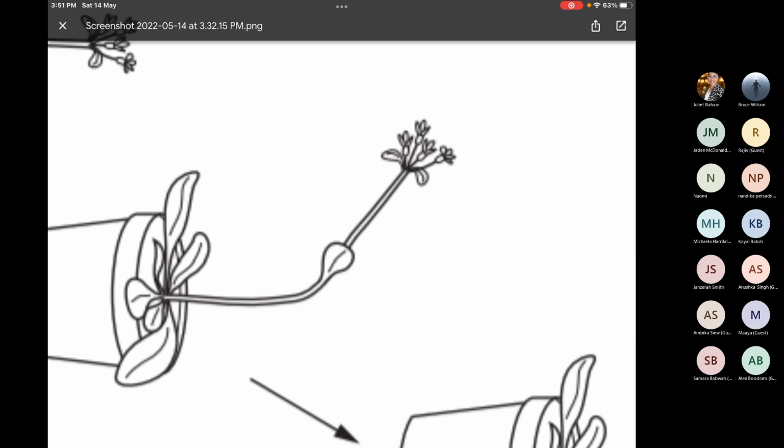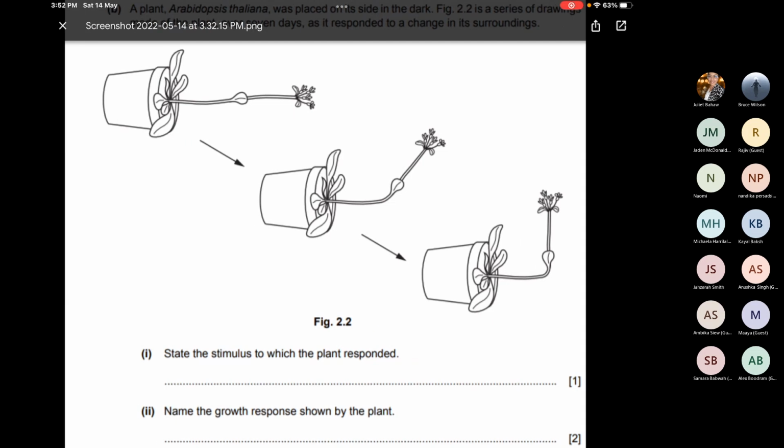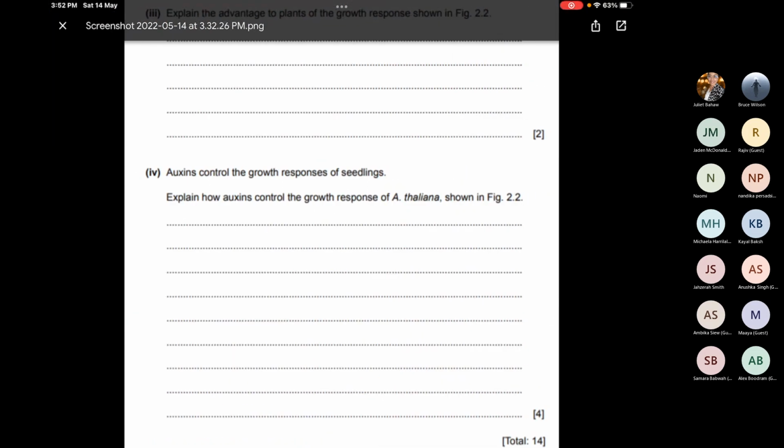When the light comes from above, as you can see because the stem is growing upwards, that would have stimulated the auxin, causing the auxin to make the cells of the stem divide by mitosis. And when they divide by mitosis, the stem is going to grow in length. So that is basically what you have to have for that part.